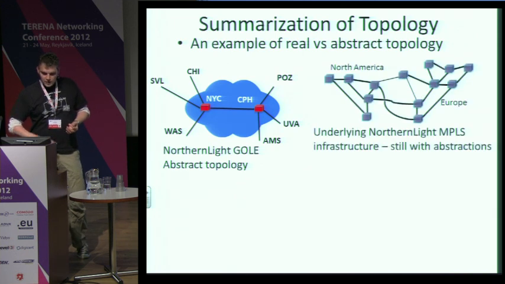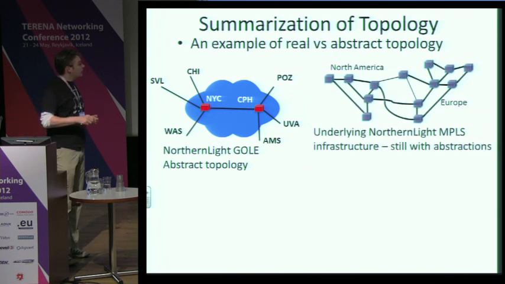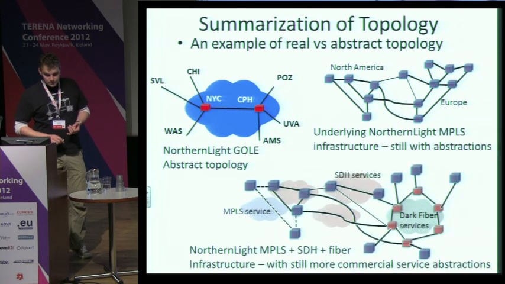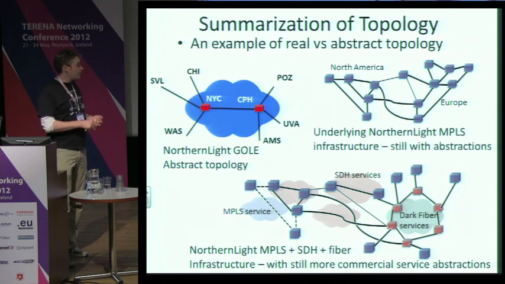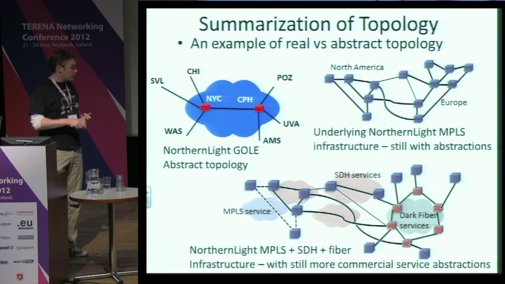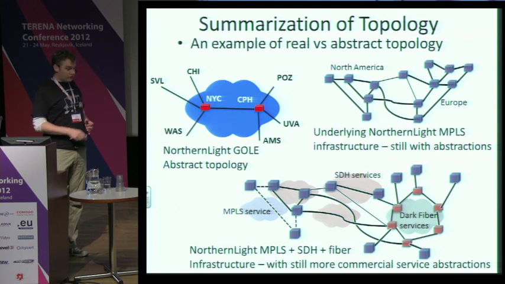But you can look at that also with the MPLS infrastructure, which is a lot more complex, but it still contains abstractions. We can make this even more detailed by including the SDH layer, and the dark fiber, but this still contains some abstractions about how the circuits are provisioned.